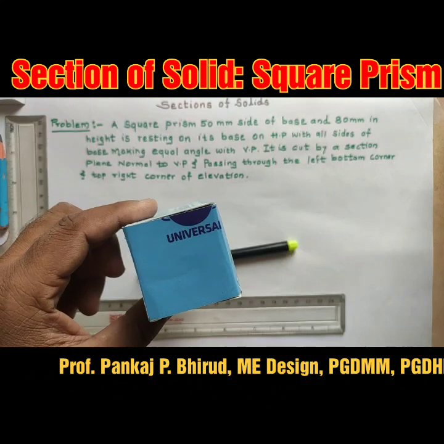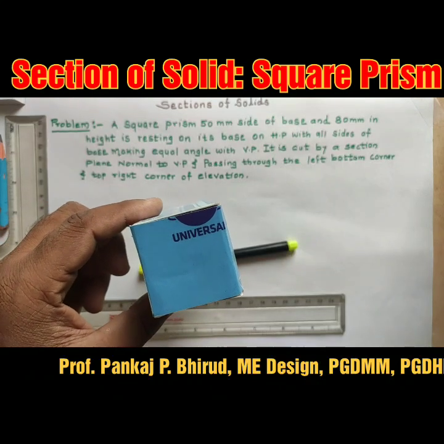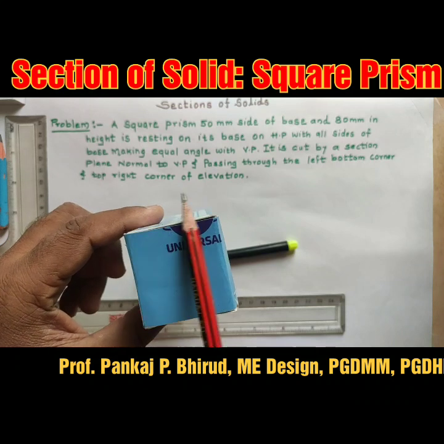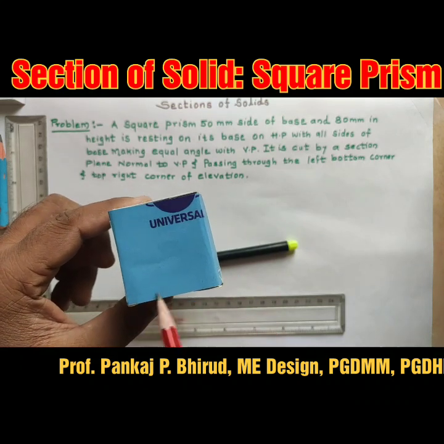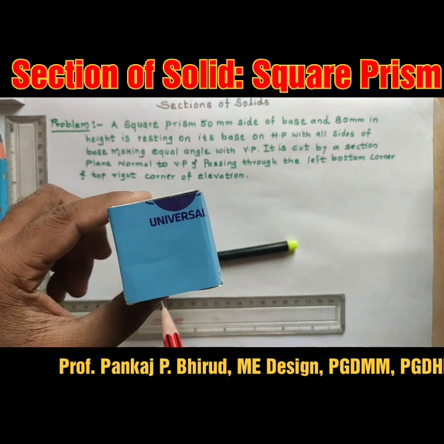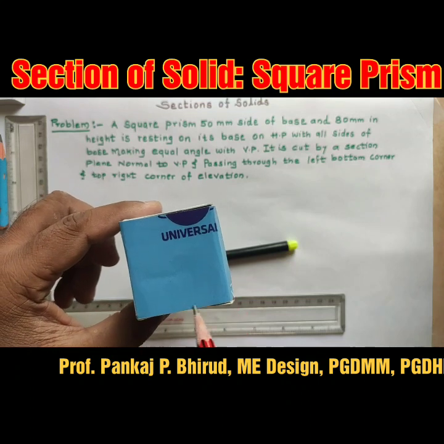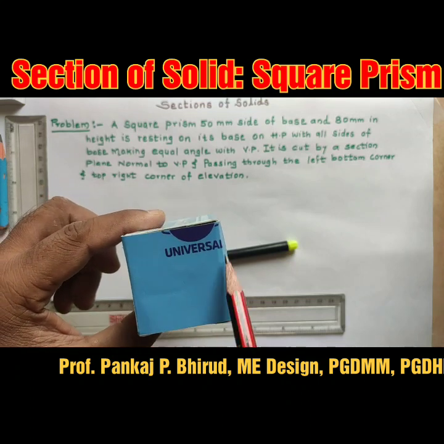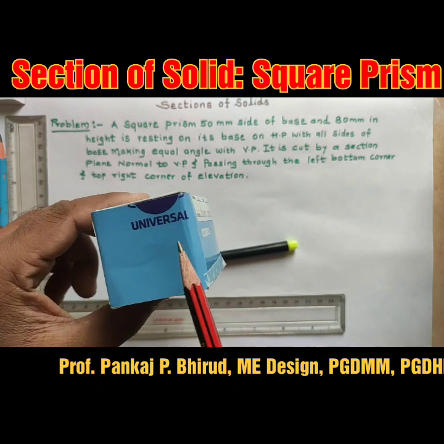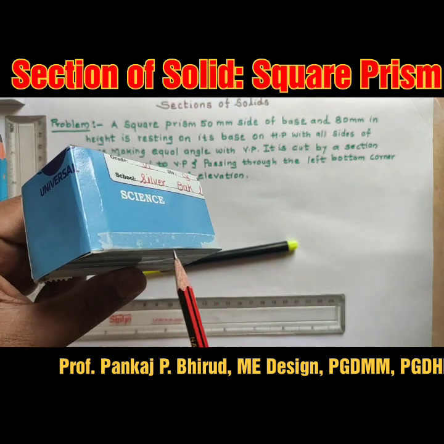So let us understand the problem. We have a square prism of 50 mm side. Square means all sides are equal and that is of 50 mm, and 80 mm height.